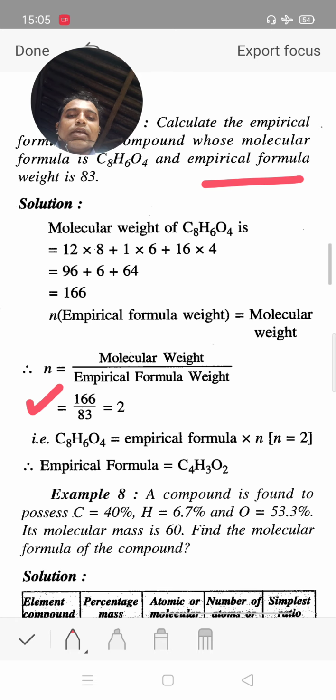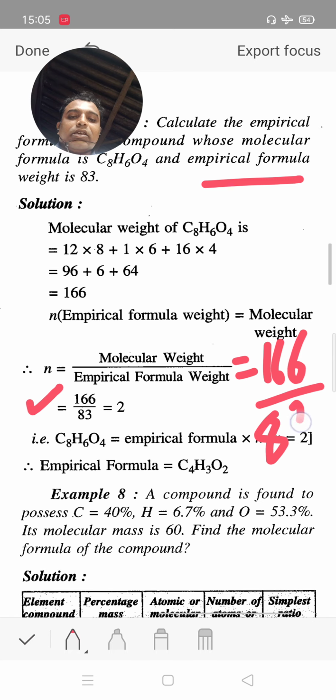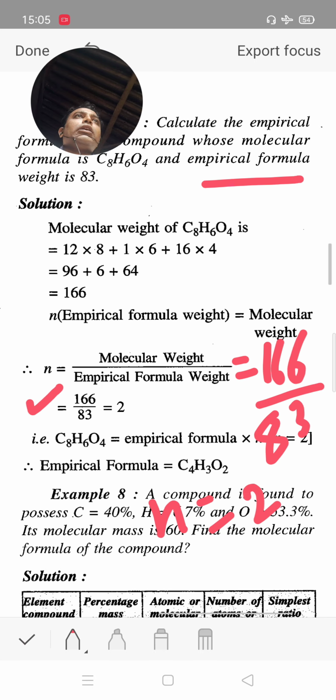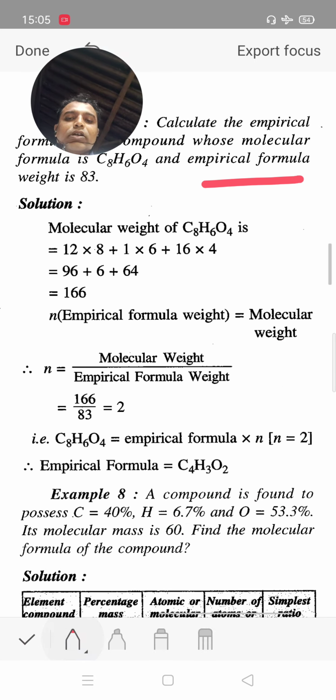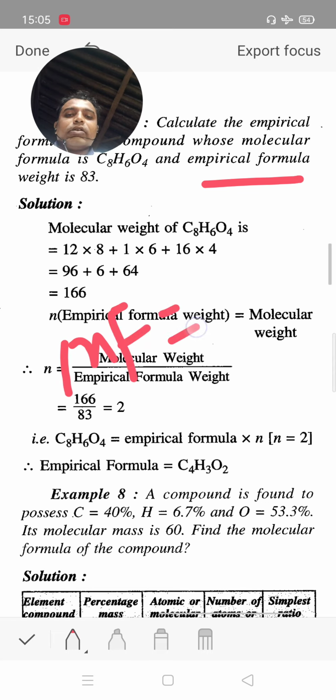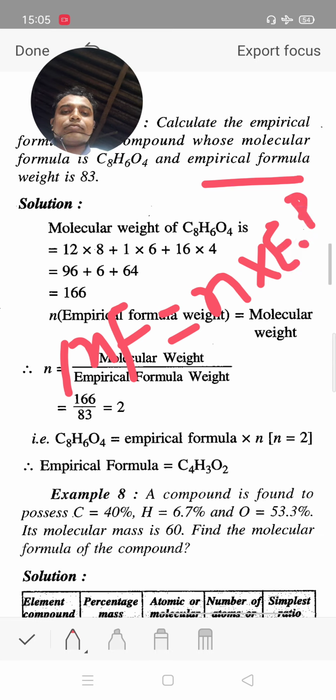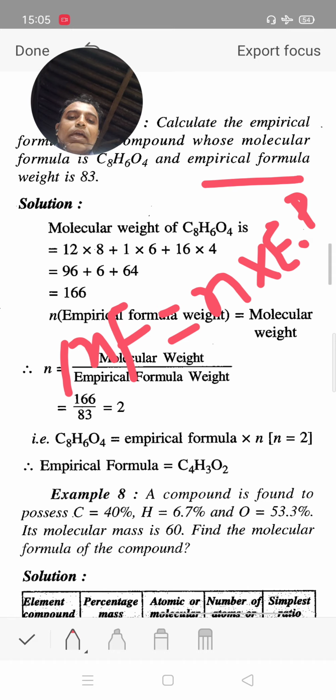Suppose n is equal to the molecular weight, 166, upon the empirical formula weight given, 83. Then n is equal to 2, and our formula is: molecular formula is equal to n into empirical formula.